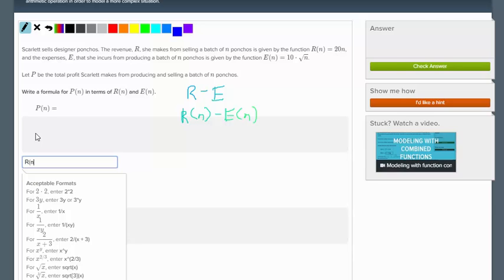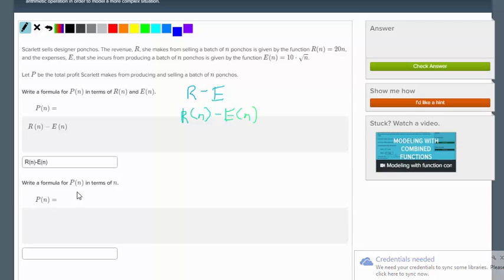So R of N minus E of N should go right in here. Parentheses, having trouble with that today. Good thing I caught it this time though. R of N minus E of N. Then it says write it in terms of N, so I'm just going to replace R of N with 20N minus, I'm going to replace E of N with 10 times the square root of N. We don't have to put that times symbol there.